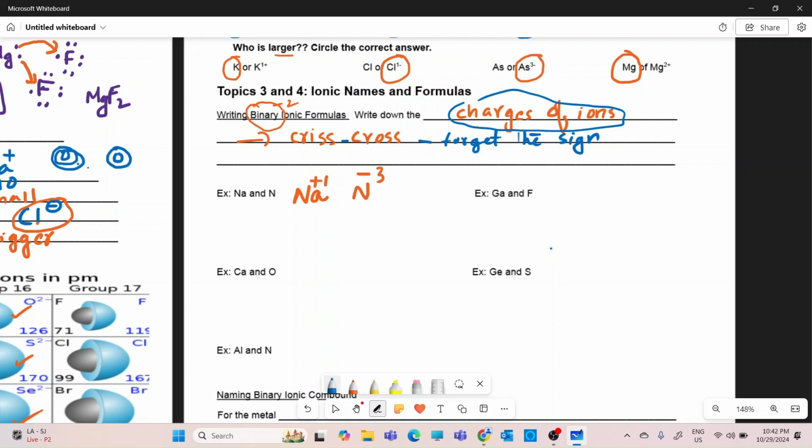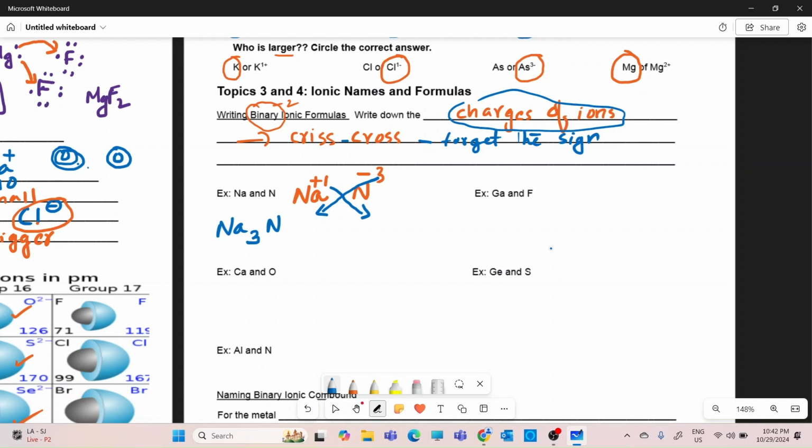So I'm going to bring the number 3 here and the number 1 here. That is called the crisscross method. So sodium needs how many atoms based on the charge of the next one? That is 3. And nitrogen needs only 1. So the formula is Na3N. Is that easy?